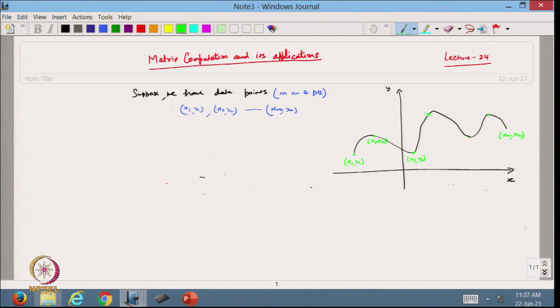But some student says that I can draw another polynomial, not like this one, maybe going from here, passing through all points. Maybe some other student can plot another polynomial like this one.